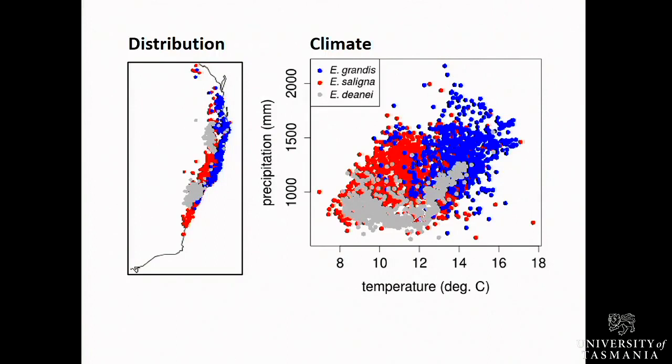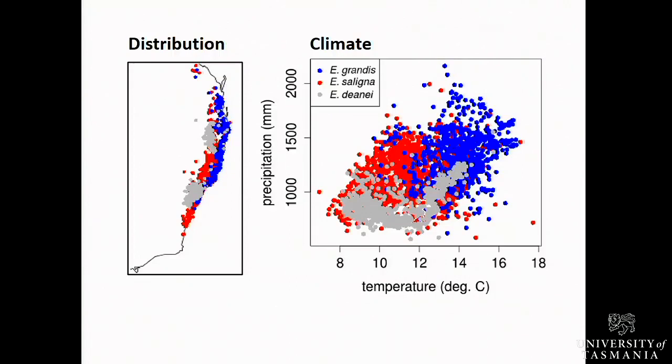So if this is the distribution of saligna, we see that there are areas where it occurs in sympatry with Eucalyptus denii, which has this really disjunct distribution, which in fact at different stages has been recognised as different species. It's also sympatric with Eucalyptus grandis quite often in the south of the range of grandis.